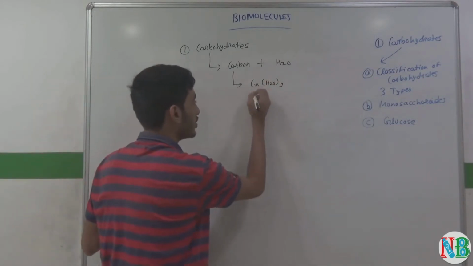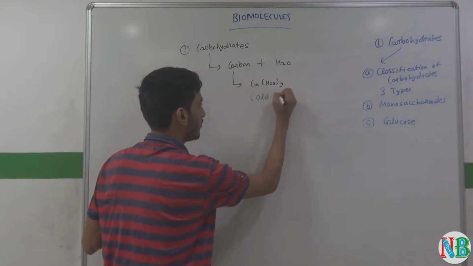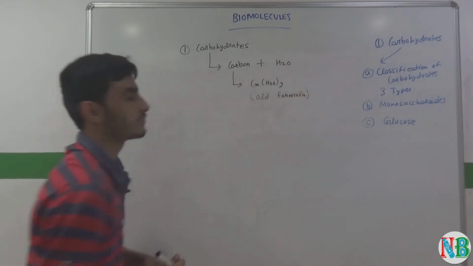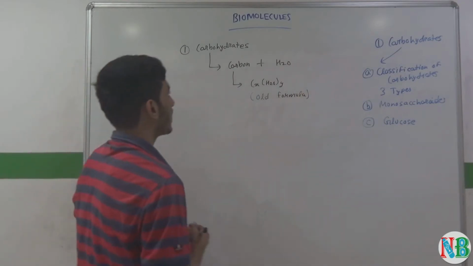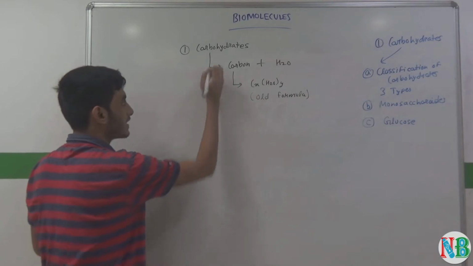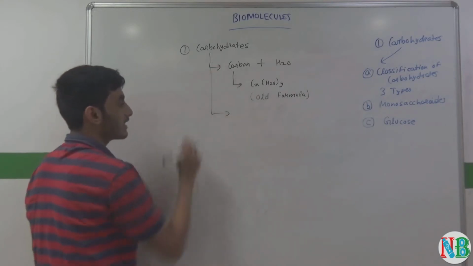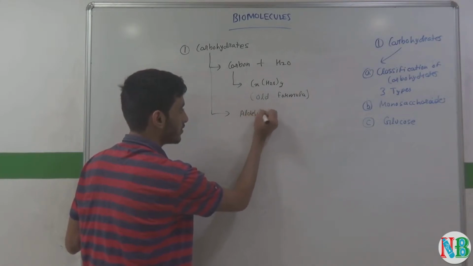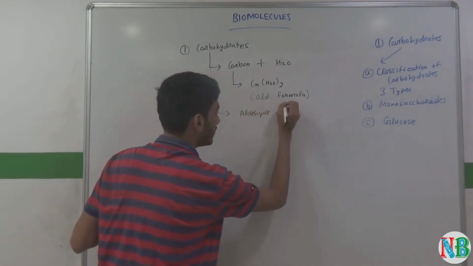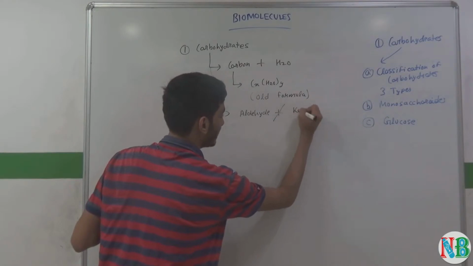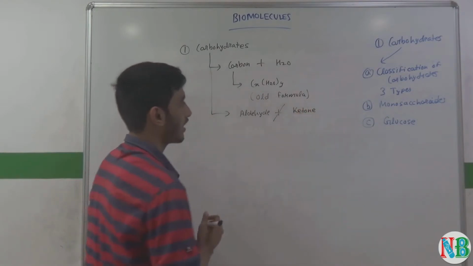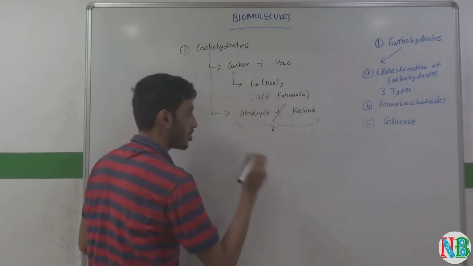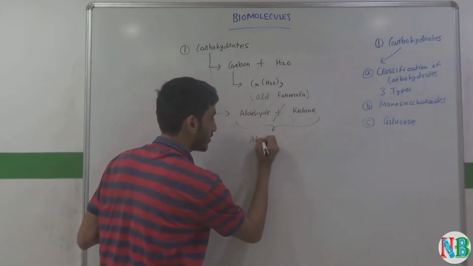This formula was used as an old formula. Under this part, these compounds have either an aldehyde group or a ketone group, and with these two they have some alcoholic groups.